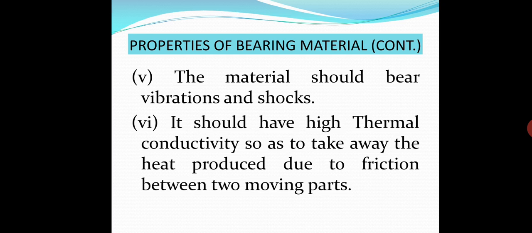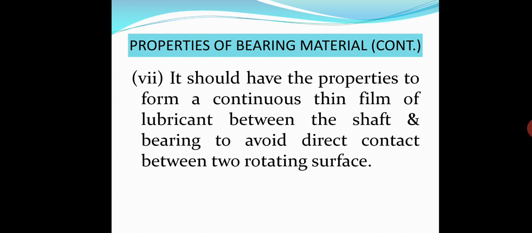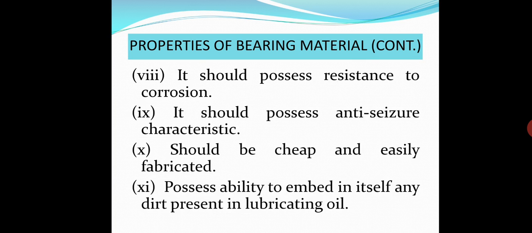It should have high thermal conductivity so as to take away the heat produced due to friction between two moving parts. It should have the properties to form a continuous thin film of lubricant between the shaft and bearing to avoid direct contact between two rotating surfaces.